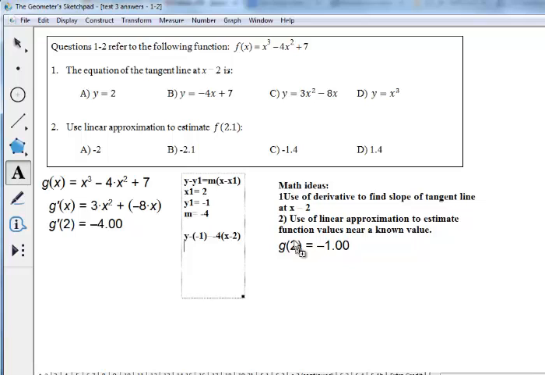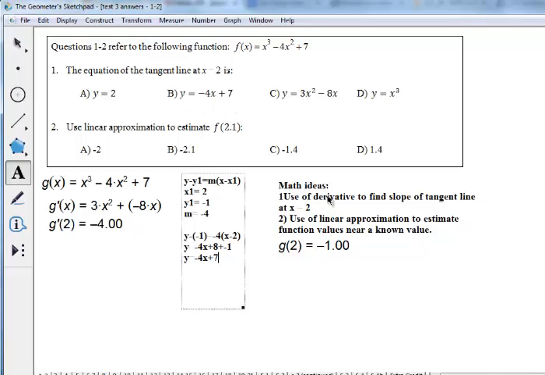And we're going to add negative 1 to both sides, and we're going to get y is equal to negative 4x plus 8 plus negative 1, or y is equal to negative 4x plus 7. And that answer is B.